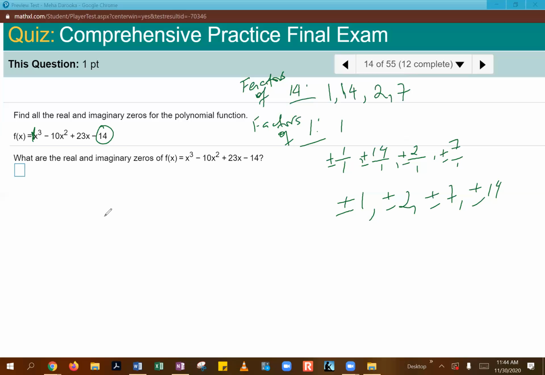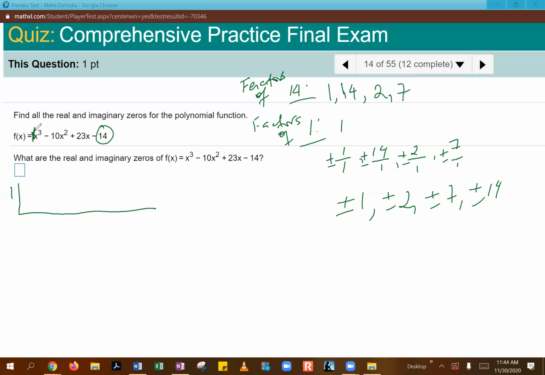If they don't work, then I would probably move on to 2 and 7. Very rarely would plus or minus 14 be the one you need to try, because if you can find a zero remainder before that, it makes our life a lot easier. So you can start by dividing by 1 if you like.